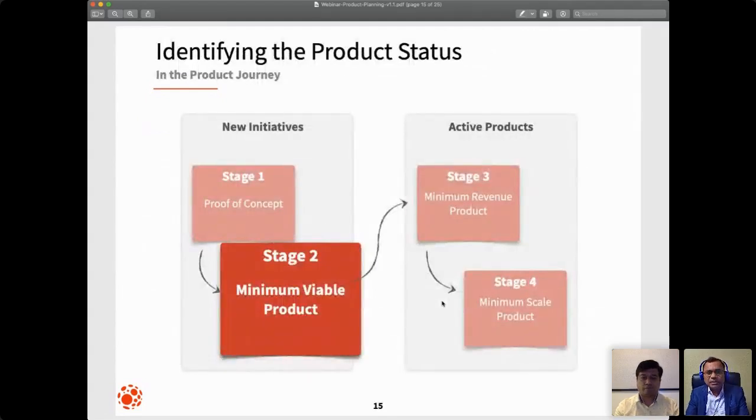We go and identify 4 stages. The first one is we need to build a proof of concept for a product. The first thing is we need to de-risk. What is the risk?